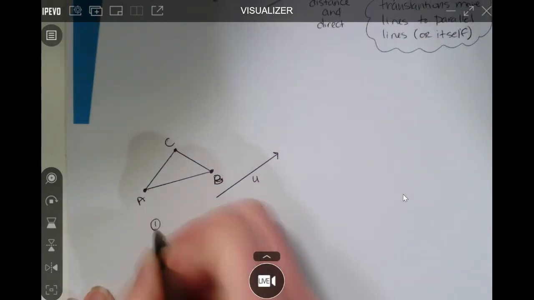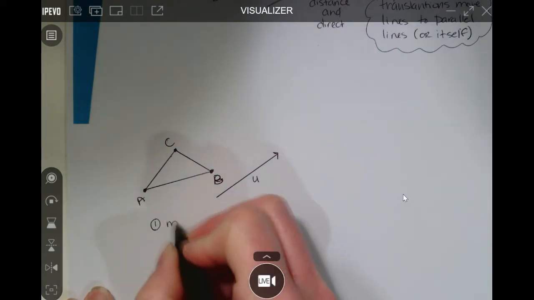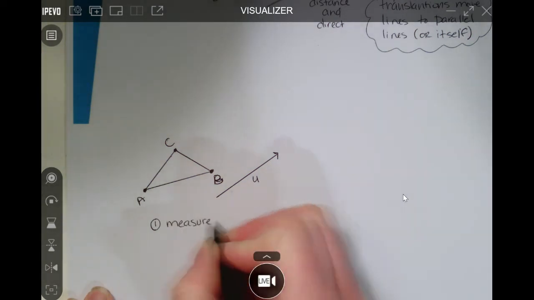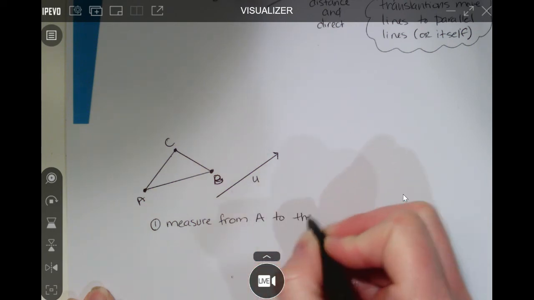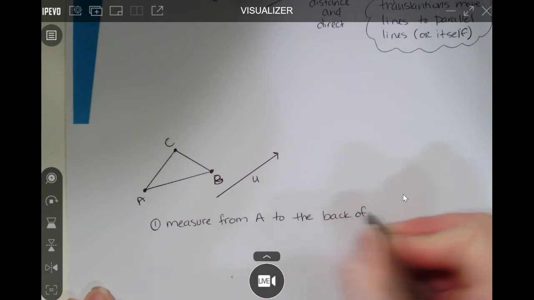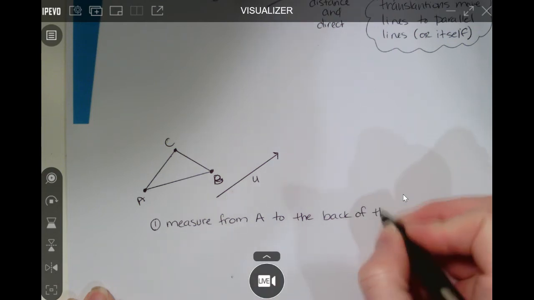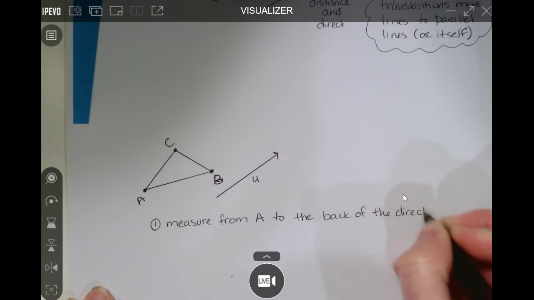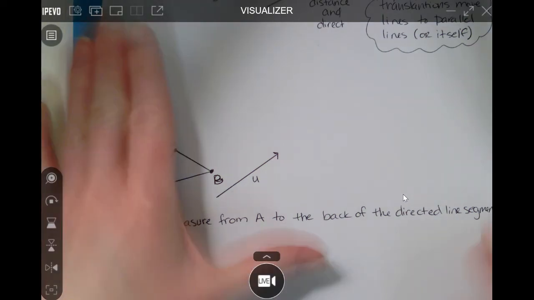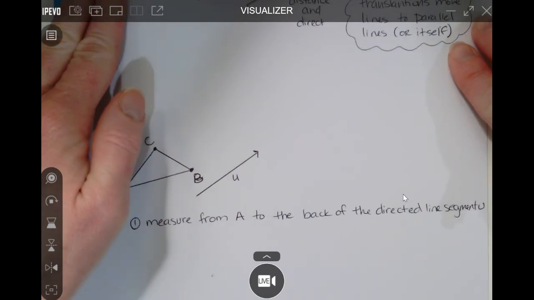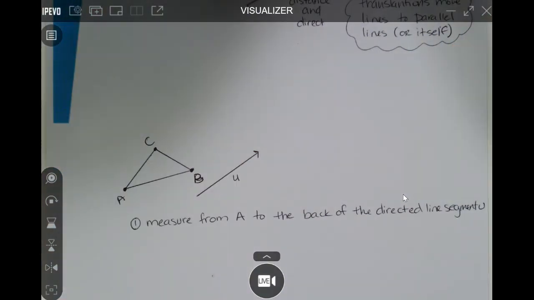Our first step is that we're going to measure from A to the back of the vector, that directed line segment U. Once you've measured that, we're going to go mark it at the front of the vector.